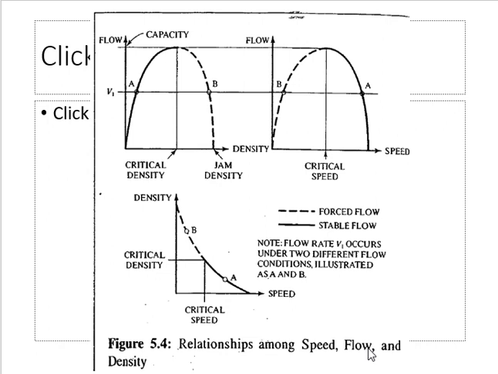Capacity or the critical value, right? After capacity it is forced flow. Why we call it forced flow? Because now you are in the queue. So your movement is forced by others. You move when they move. You are slow because of them, and so on. So we call it forced flow. So in all the graphs you see, after capacity portion is forced flow. This one, this one, this one, and so on.